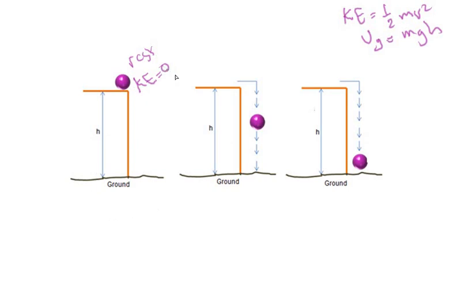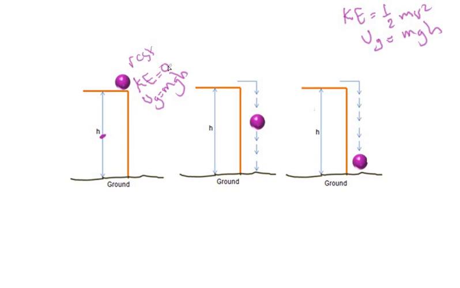At this point, Ke is 0, but the potential energy Ug equals mgh. As the object goes down, the height decreases, so Ug decreases, and the speed of this object increases, so Ke increases. So that decrease in the potential energy is an increase in the kinetic energy.